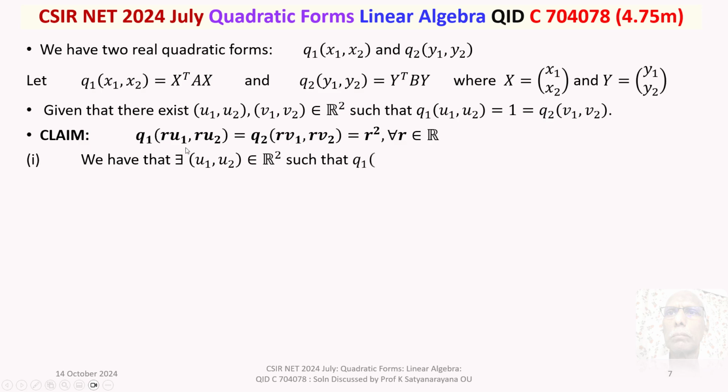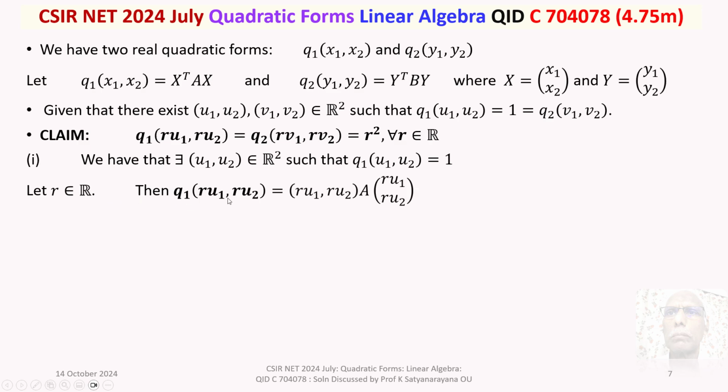We have, there exists ordered pair u1, u2 belonging to R square such that q1 of u1, u2 is equal to 1. This is given to us. Now, let R be any real number. Then q1 of RU1, RU2 is equal to the row vector RU1, RU2, A into column vector RU1, RU2.